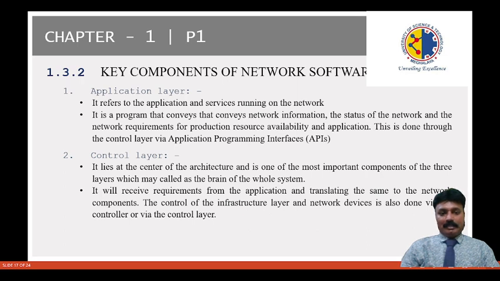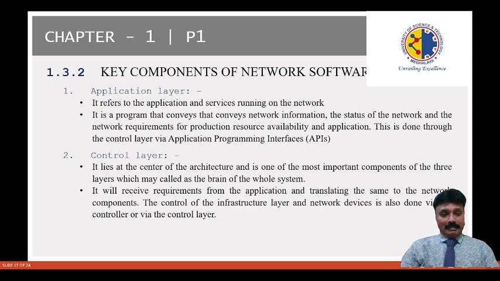It is a program that conveys the network information, status of the network and the network requirements for production, resource availability and applications. So the business application will be available in the application layer, and it will be connected to the middle level layer by using application programming interfaces, APIs.